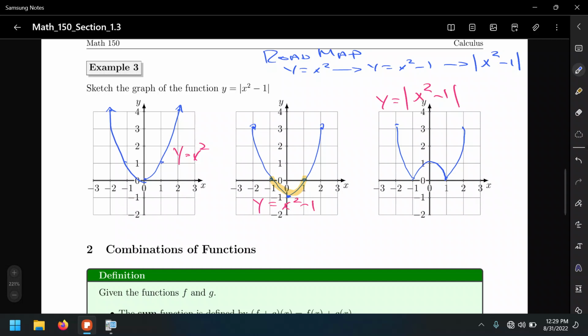So instead, what I did is to break up the function going from the simplest in this order, shifted down 1 unit, and then take the absolute value in the end. Actually, when we look at combinations of functions and when we look at compositions, which is next, this is going to make more sense why I did it this way instead.